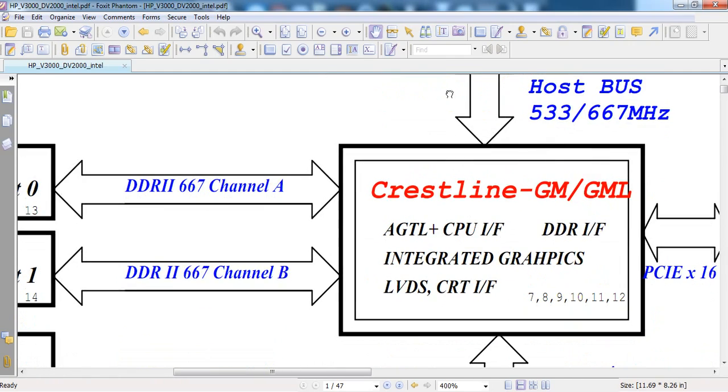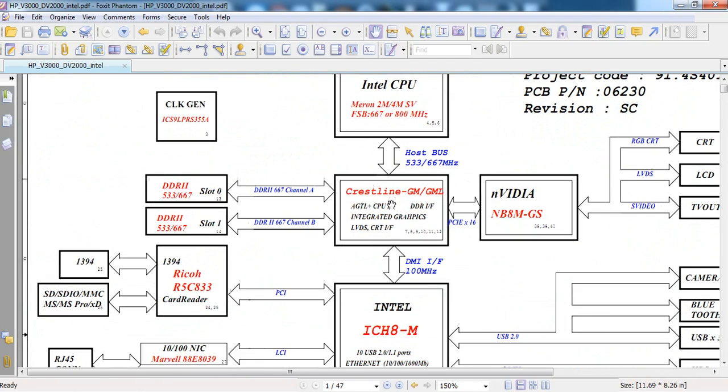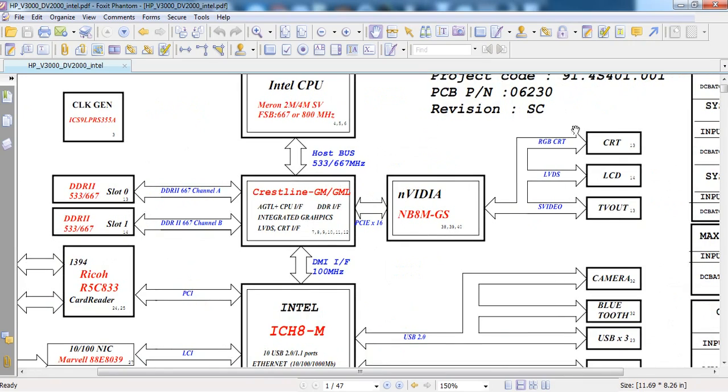This is the GMCH, Graphics and Memory Controller Hub, because this GMCH controls the DDR section as well as the video output section. This is an NVIDIA dedicated graphics IC. This is optional; not all motherboards contain this dedicated graphics chip.